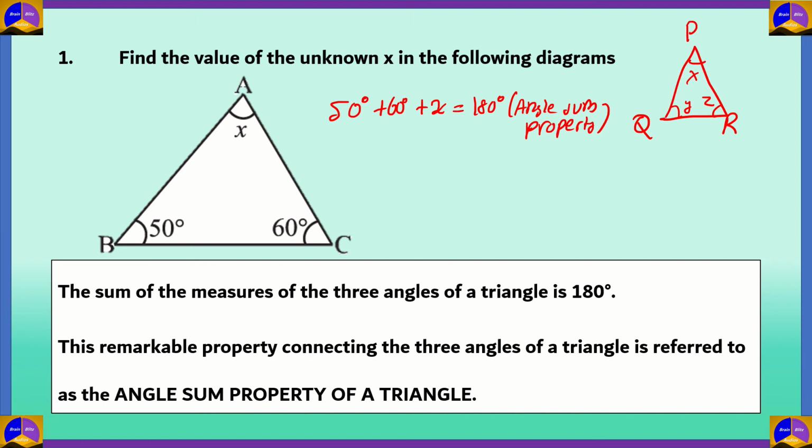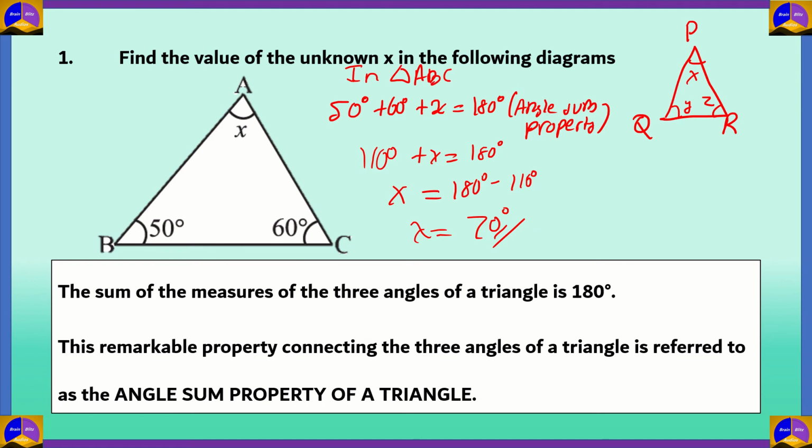So 50 degrees plus 60 degrees equals 110 degrees, plus x would be equal to 180 degrees. So x would be equal to 180 degrees minus 110 degrees, which is equal to 70 degrees. So in triangle ABC, x is equal to 70 degrees.